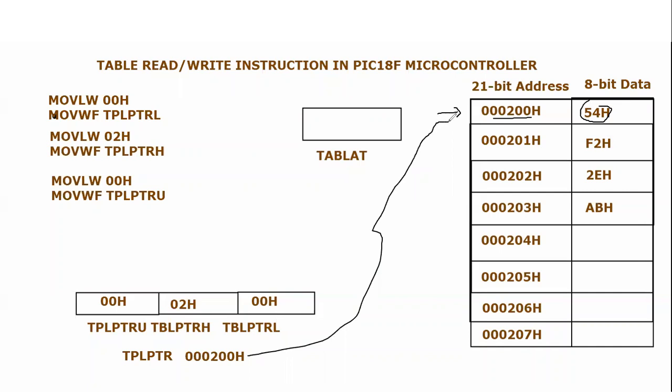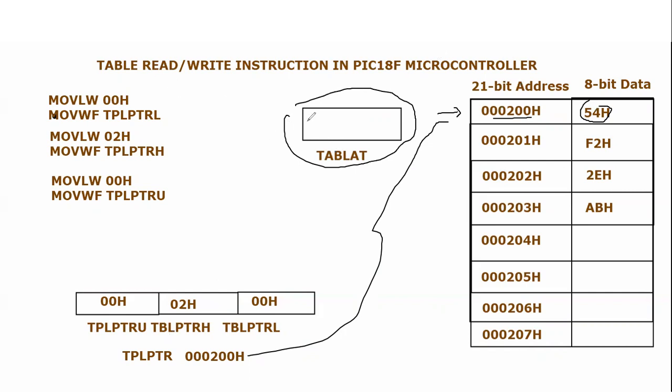Now we have already pointed to this address with the help of the table pointer. Now we want to utilize this value, and for this purpose we will use register indirect mode. And how will you do it? For that purpose, we have a special function register available in the data RAM or file register of the PIC18F microcontroller, and that is the table latch, which you can also call the TABLAT register for short.